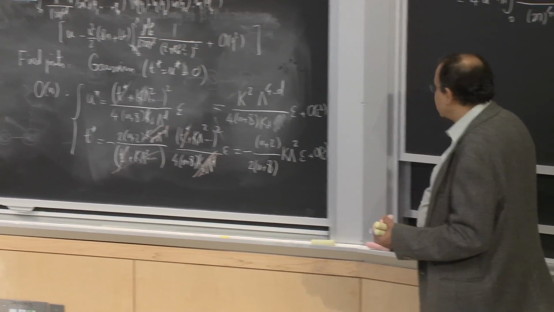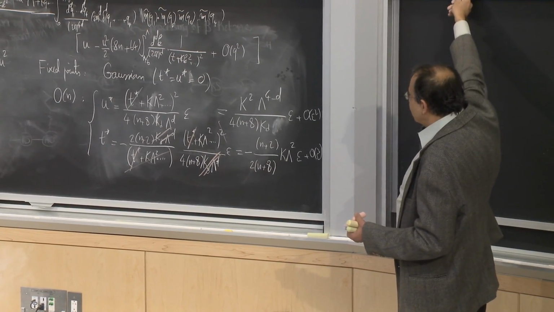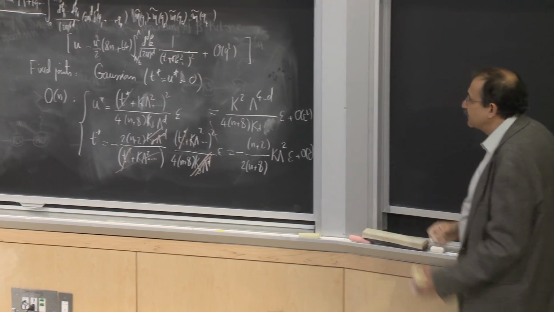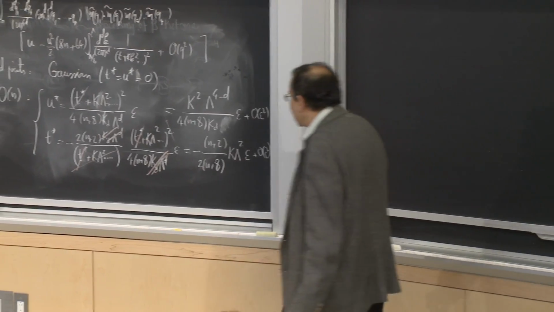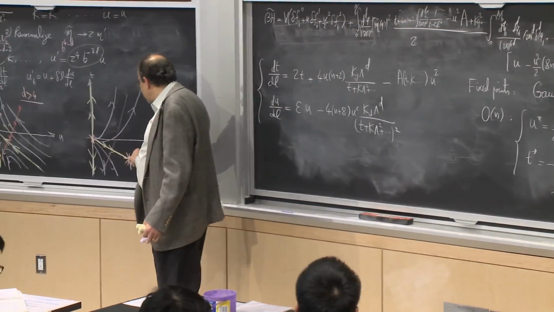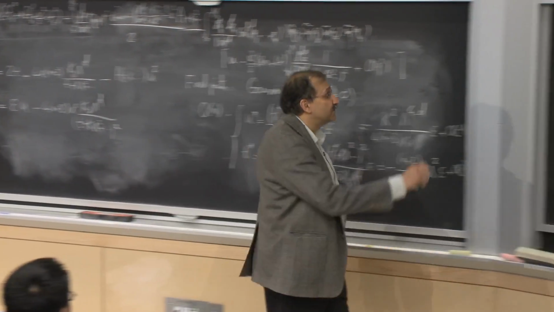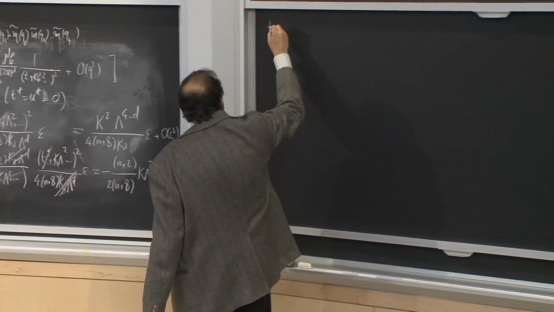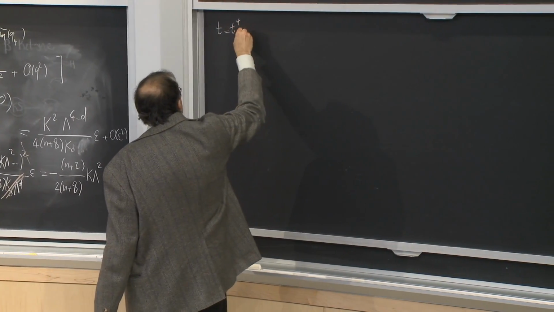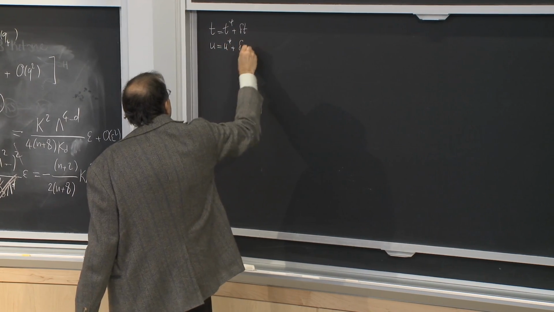Look at this, you don't really see much to recommend it. The interesting thing is to find what happens if you are not exactly at the fixed point, but slightly shifted. So we want to see what happens if t is t star plus delta t, u is u star plus delta u.